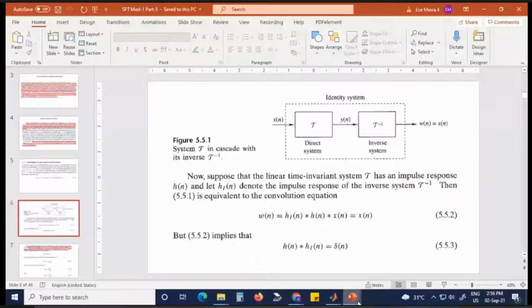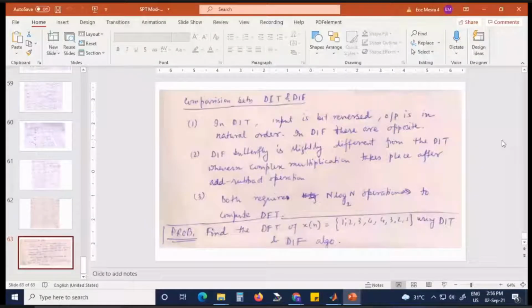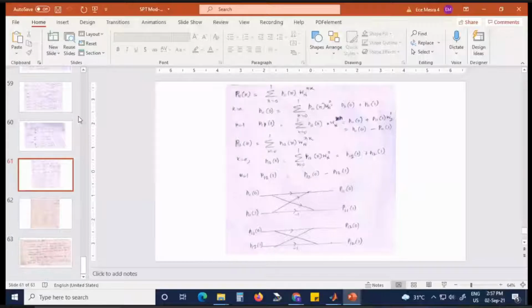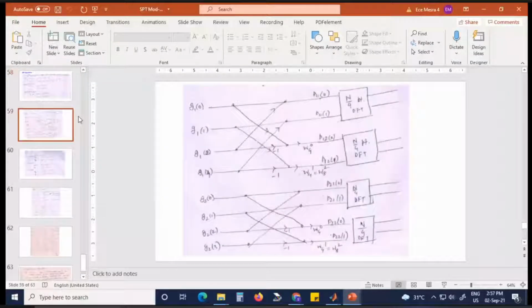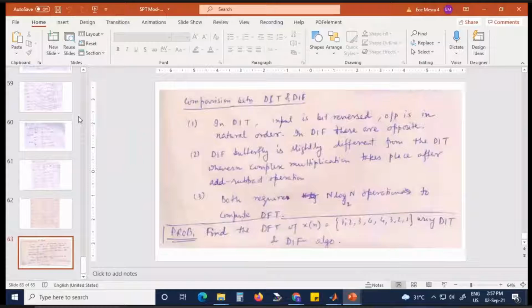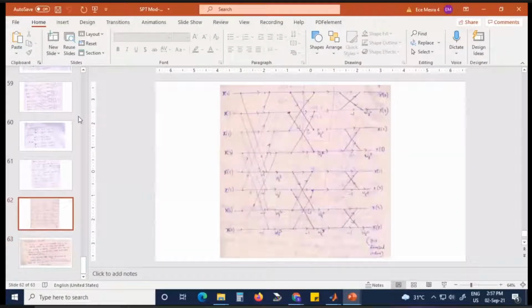I have told you to go through the DIF algorithm. Decimation in time we have seen, decimation in frequency. You just go through this mathematical analysis, and you will find this kind of butterfly structures are there. Butterfly structures you will get it here, and this is for DIF algo.